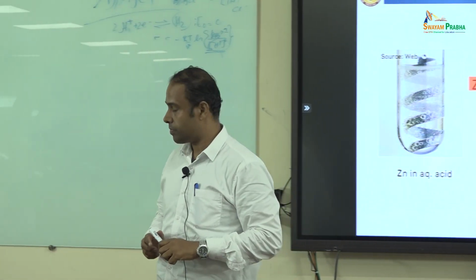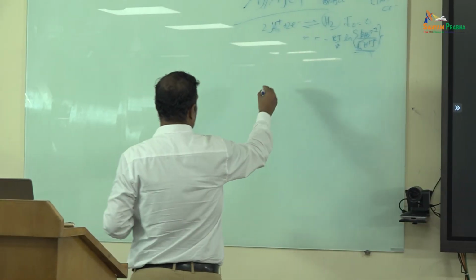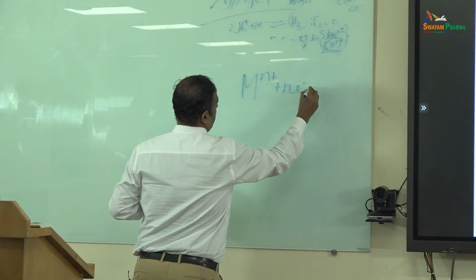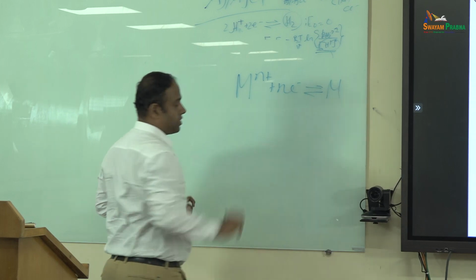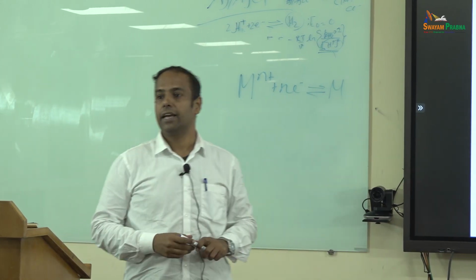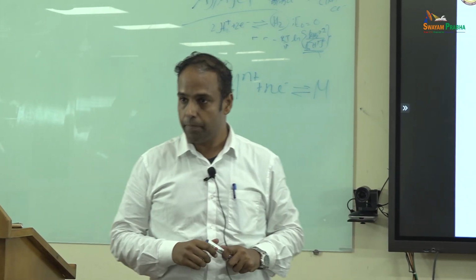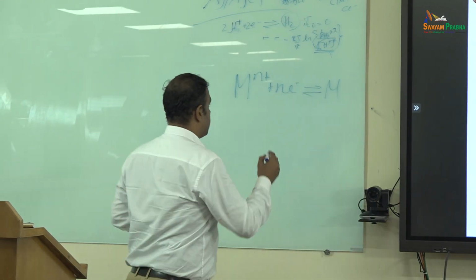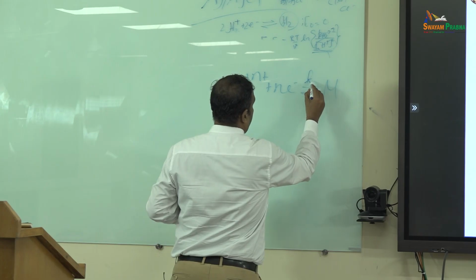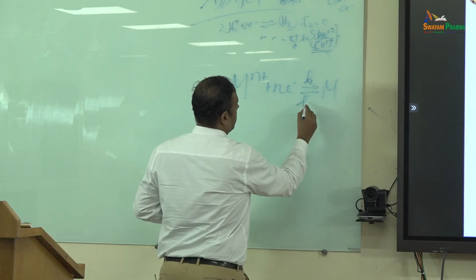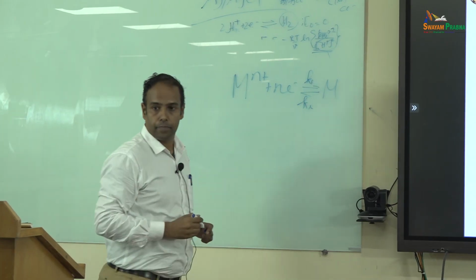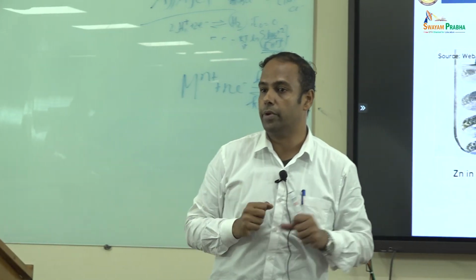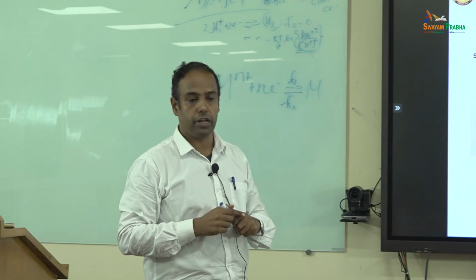Now, assume that I have an electrochemical reaction. This reaction is reversible and it is at equilibrium. Let us say there is a forward rate Kf and a reverse rate Kr, and it is at dynamic equilibrium. What do I mean by dynamic equilibrium?